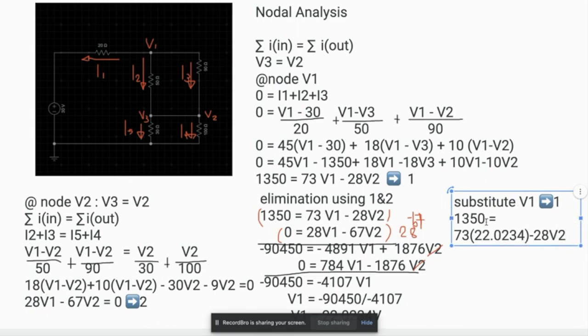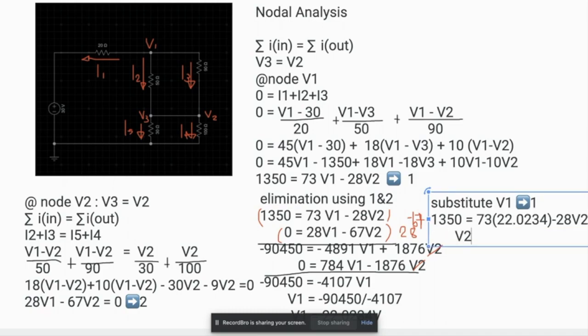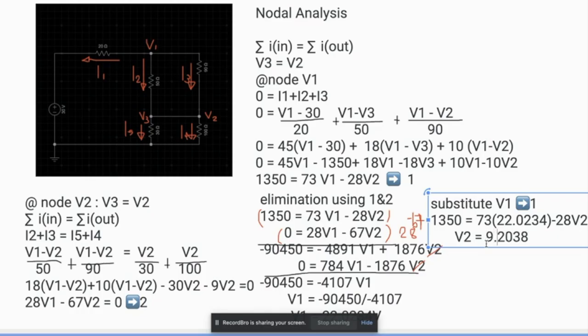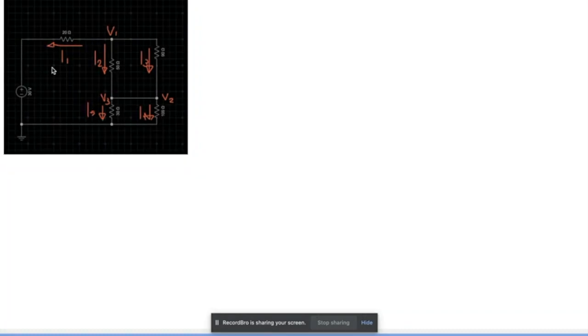You will have the value of V2 equal to 9.2038. So it matches the voltage or the solution on the other side.